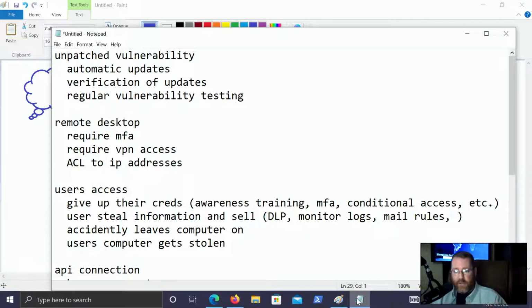User steals information and sells it. This could be that someone gets into a system and they start pulling data and then they turn around and sell it. So the logs would show that you see a particular user log into a service not during regular work hours, and they download a whole bunch of information that maybe is not the information they normally access.